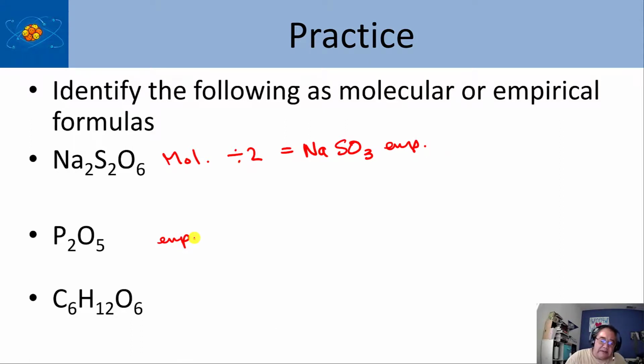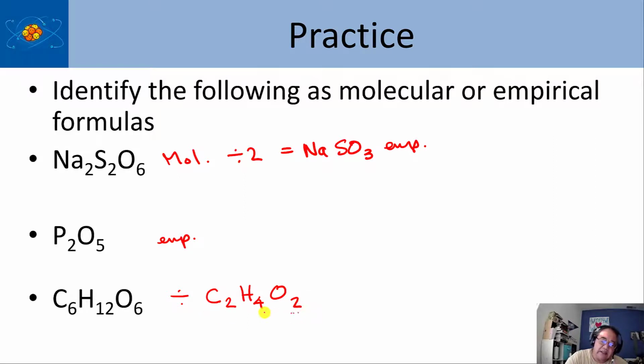Well, now what about C6H12O6? This might happen to you, for example, on a quiz or a test. Is that empirical or molecular? You might think, well, maybe I'll try 3 first. I'll divide by 3, right? And what you're going to get is C2, and then 3 goes into 12 4 times, so you get H4, and then O2.